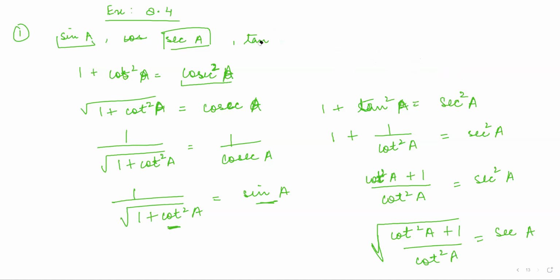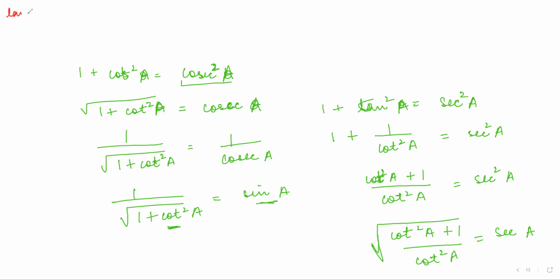Next you want the value of tan A in terms of cot only. So how to do it? You know that tan of A is sine of A divided by cos of A. Now we have already found sine A here, and because I have found sec A, I can take its inverse.